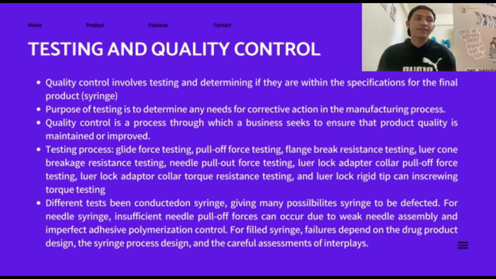Okay, for the testing, syringes prior to filling present a few challenges that largely relate to the fact that only one part of the combination product, which is sterile barrel, is being tested.